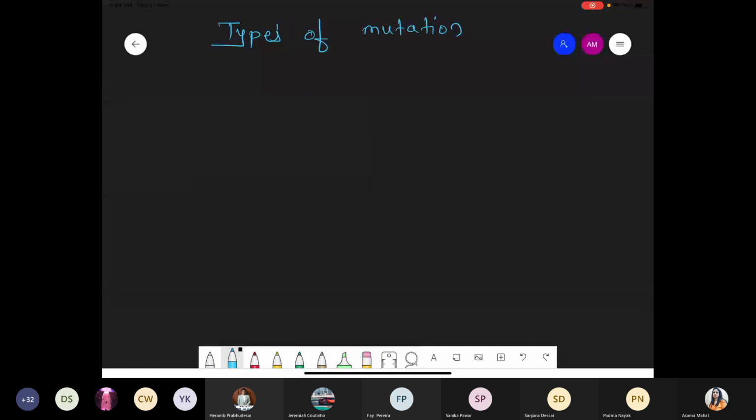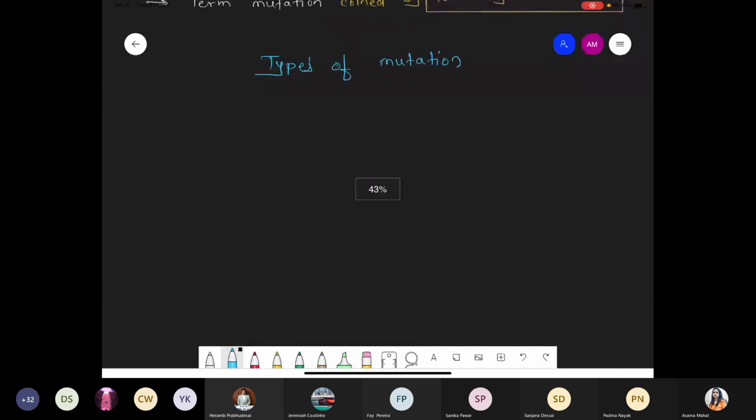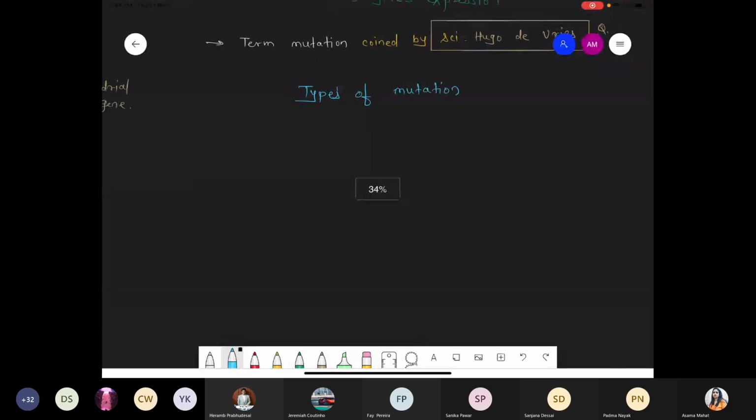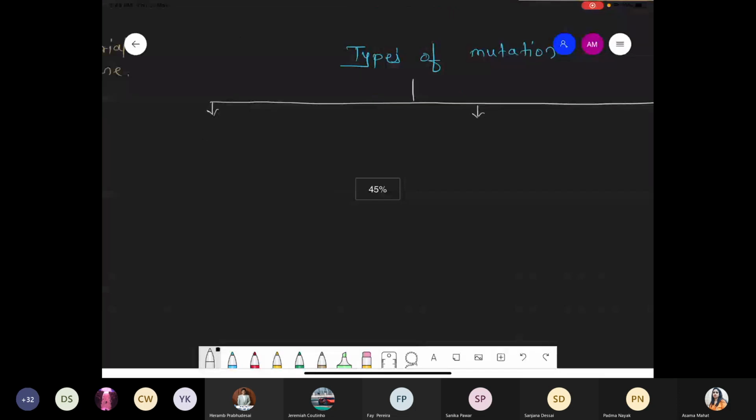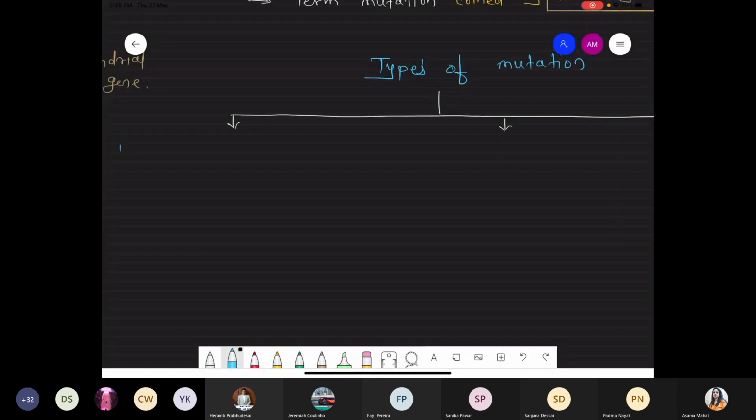So write down the title, types of mutation. Just see, because we have to draw one table. I just draw first and then you can continue. So types of the mutation, 3 types of the mutation we'll study. Number 1, genomic mutation.